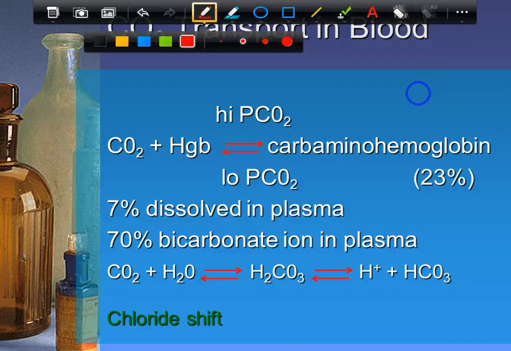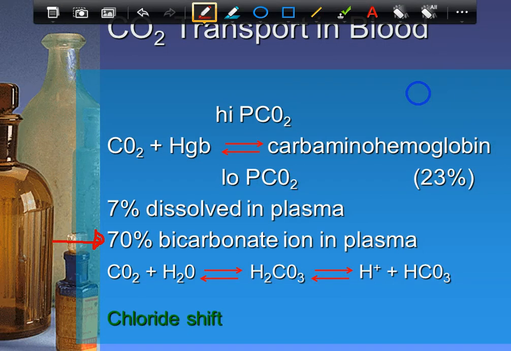Okay, so let's go down here to this 65 to 70% of the CO2 that's left. The stuff that doesn't get turned into carbaminohemoglobin and the stuff that's not dissolved in plasma is going to get converted to bicarbonate. Bicarbonate is HCO3, negative charge.